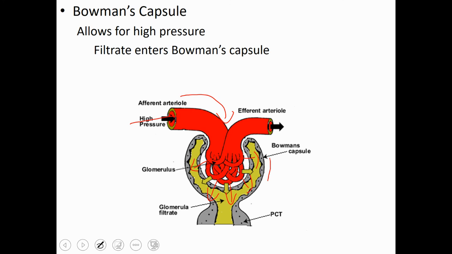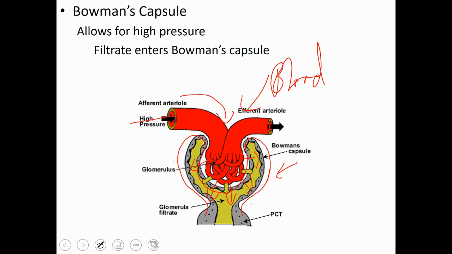Now, the Bowman's capsule is this big horseshoe-looking thing, right? And that does not pertain to blood. This is blood. The red is blood. Okay, and the yellow is now what we call filtrate. And that filtrate is going to move throughout this nephron, and we're going to reabsorb the stuff that we want to take back into our blood.